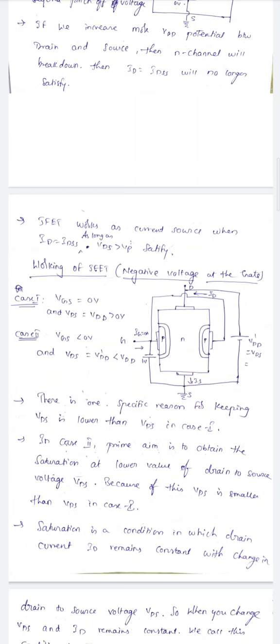In case 2 we are planning to make VGS less than 0. For the VDS we used in case 1, we should get a saturation current much earlier than case 1.